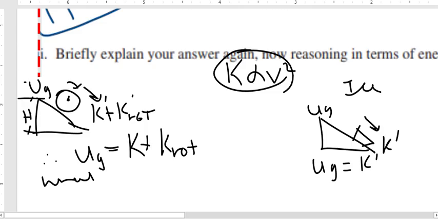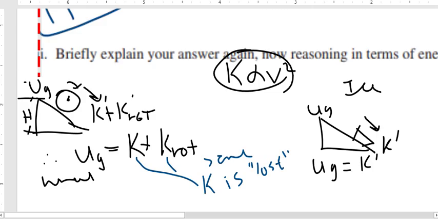Okay, so I might use a different color here. Some kinetic energy is lost. Not really lost, but transferred to K rot.